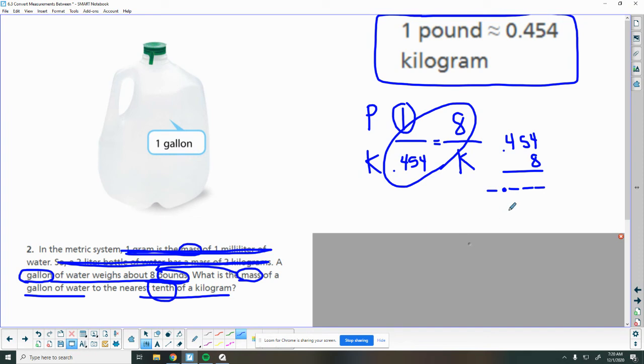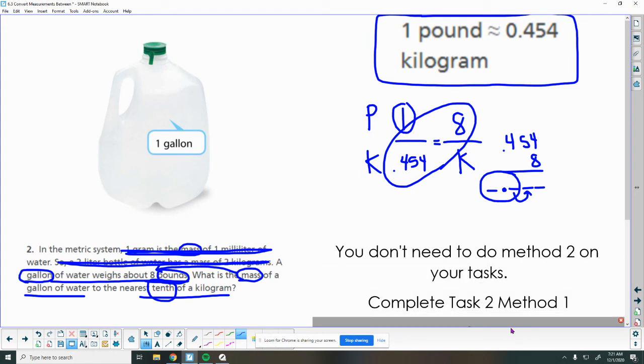So that means we need to round it to the 10th place. So we're going to look back behind. And if this number is 4 or smaller, this number here will stay the same. But if this number is 5 or bigger, it's going to bump this number up. So this will be your final answer.